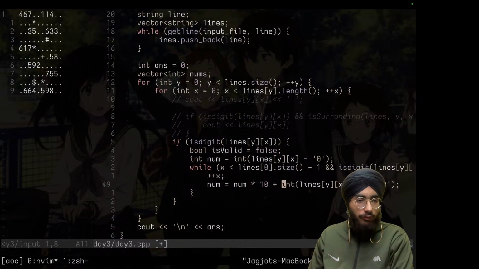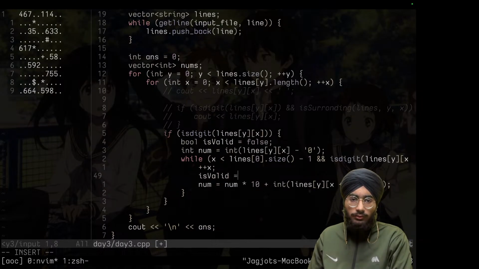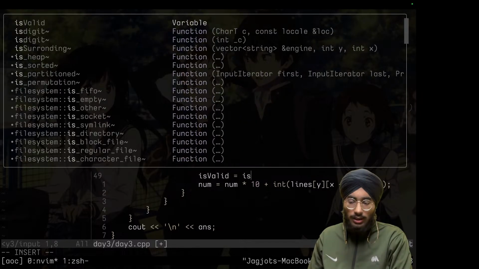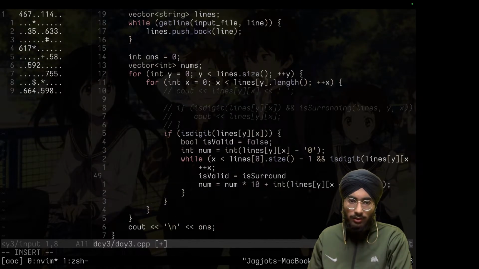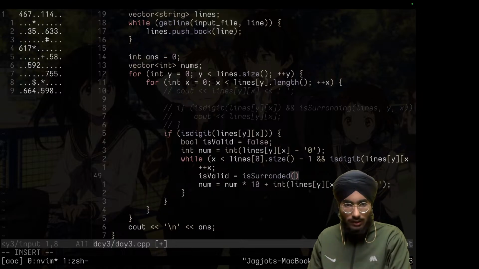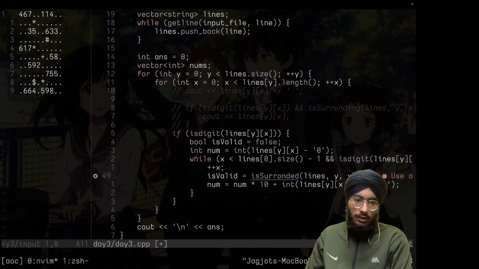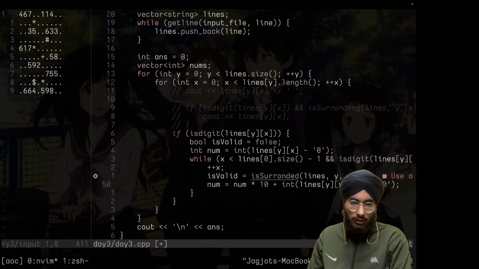Okay. Is surrounded lines y and x. Okay.